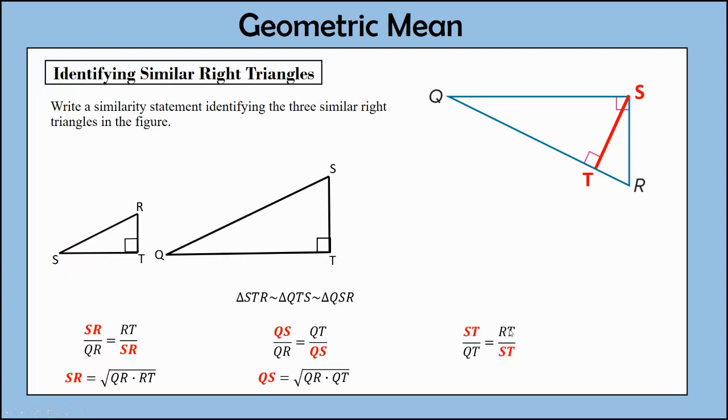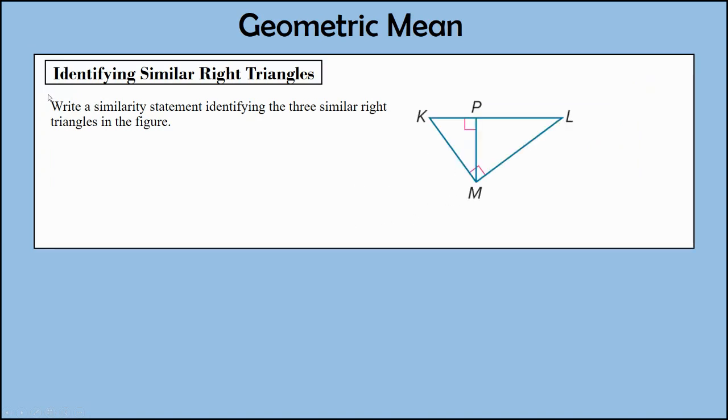So ST to QT, RT to ST. Again, where the sides are proportional, cross products, and that gives us the altitude is equal to the square root of these two segments, QT times TR. Okay, so that's just an insight into where those geometric ratios came from yesterday, and how the rules came about. It's the same rules. I just showed you where the triangles come from to do that.